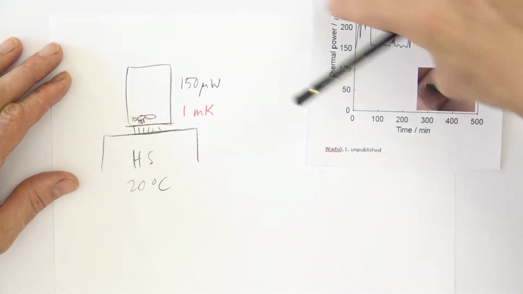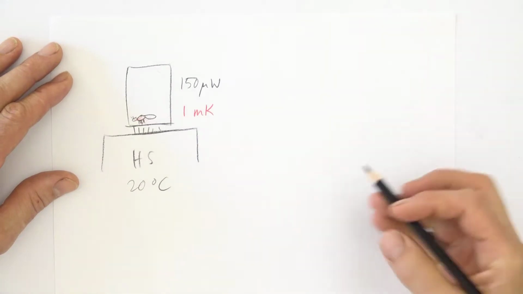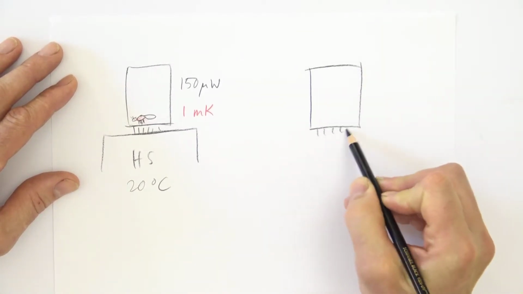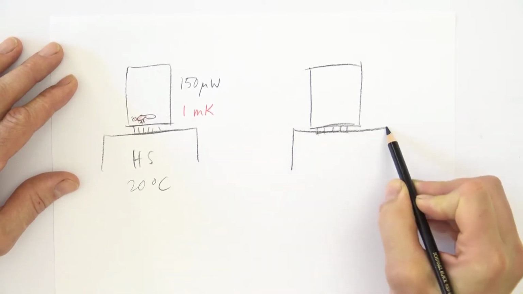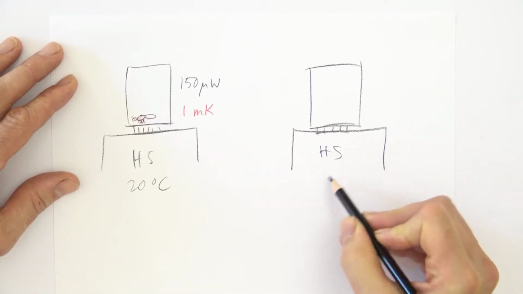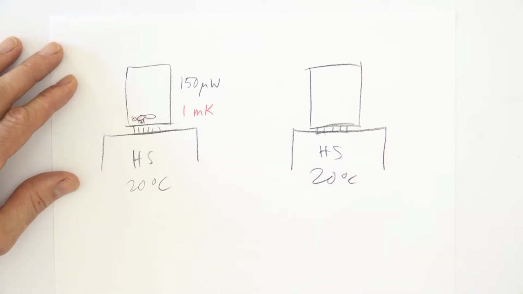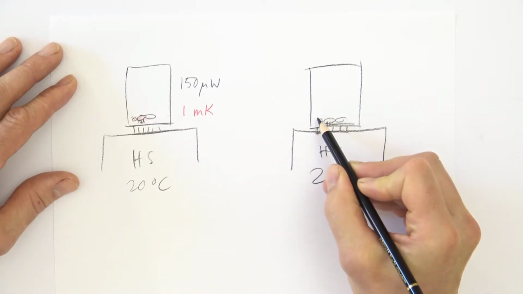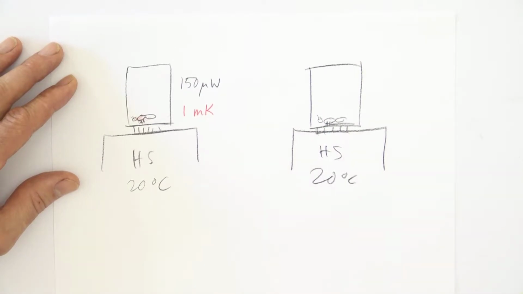Now let's look at the case when we have initial disturbance instead. So I will draw the same calorimeter. Like that. And let's say we have the same insect also in the calorimeter.